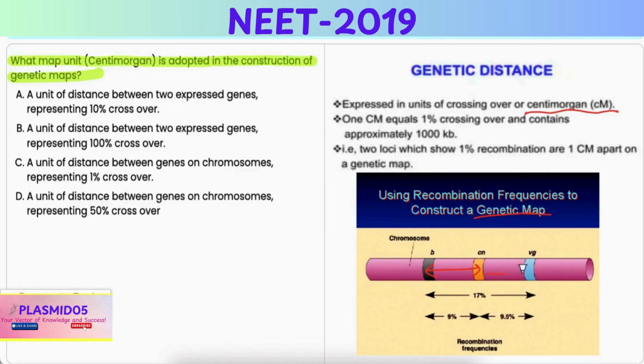And one map unit is equivalent to a recombination frequency of 1%, meaning that there is a 1% chance of crossing over occurring between two genes during meiosis. Hence, the correct answer is option C.